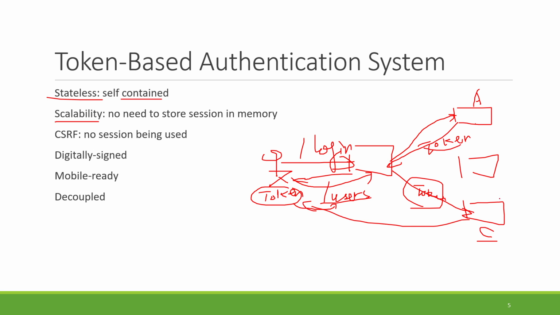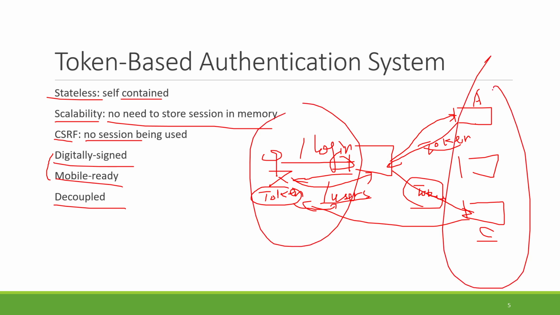A, B, C, these servers don't need to duplicate the session as we mentioned earlier. So no need to store the session in memory, okay. There's no CSRF attack because CSRF attack is based on session, and in the token-based system, there's no session needed, okay. And those three are talking about JWT, like digitally signed, mobile ready, decoupled, because your client and the server side can be any technique.